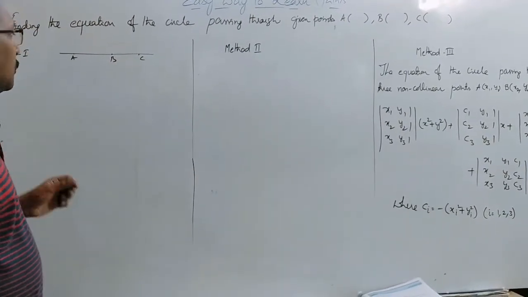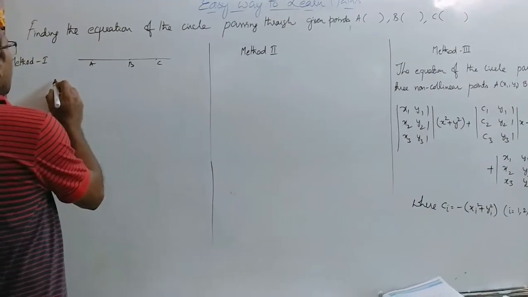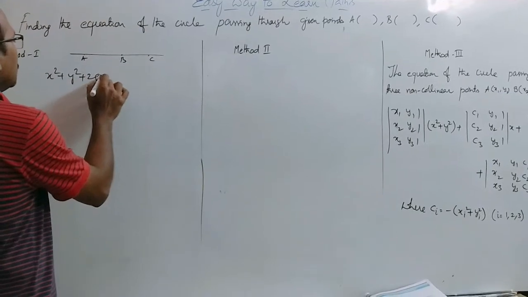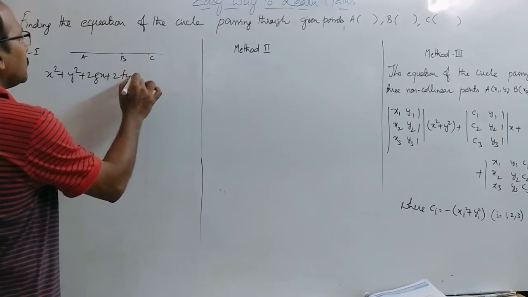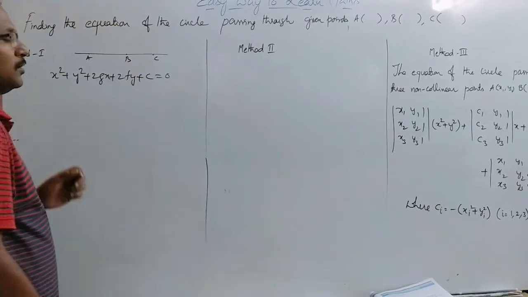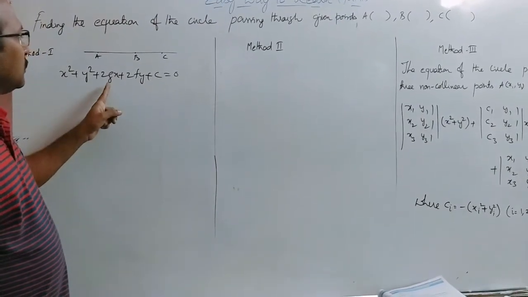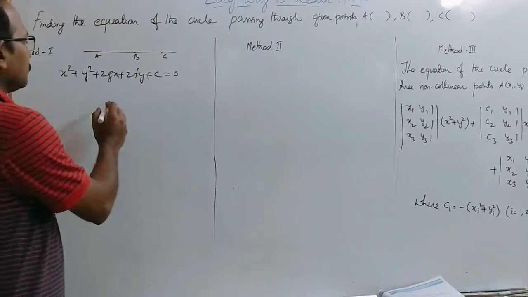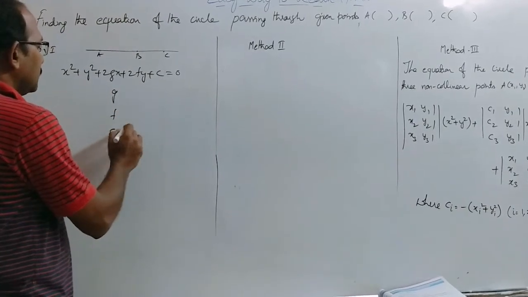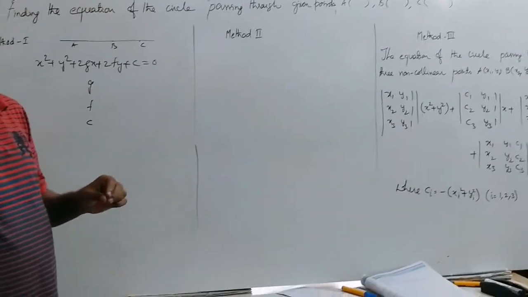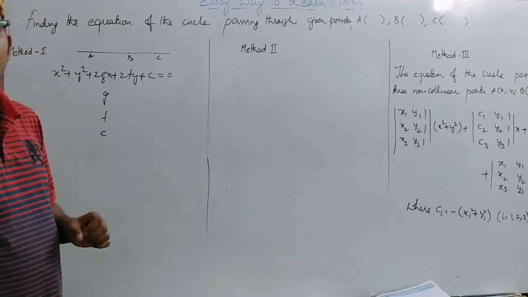In this first method, we will make use of the standard equation of the circle, x square plus y square plus 2gx plus 2fy plus c is equal to 0. Here in this equation, the three unknowns are g, f and c. If we are able to find these three values, then that is enough to find the equation of the circle.